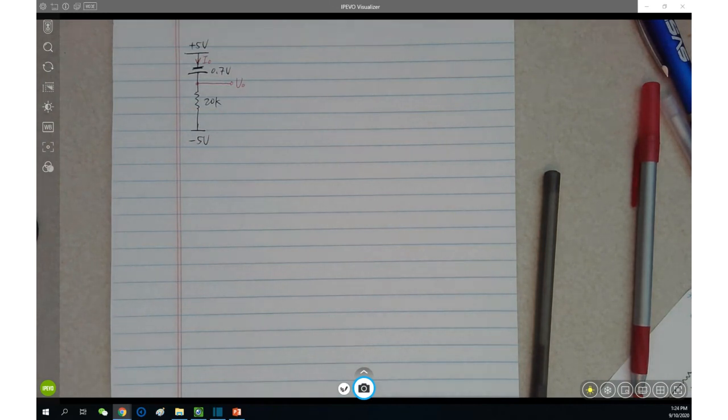Any result? Anyone get? Yeah, Shane got the correct I naught value, 0.5, around 0.5 milliampere.